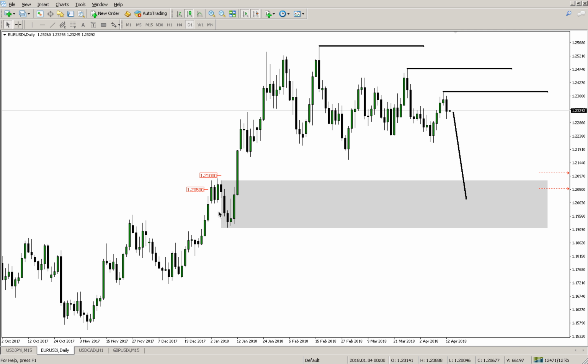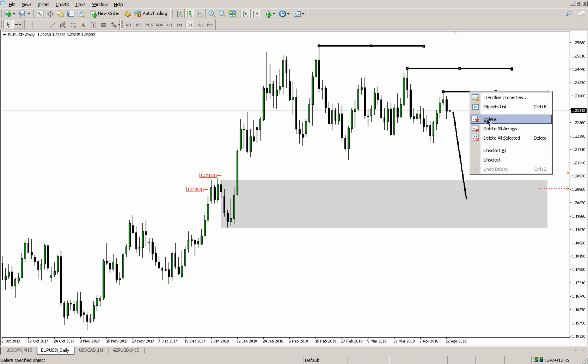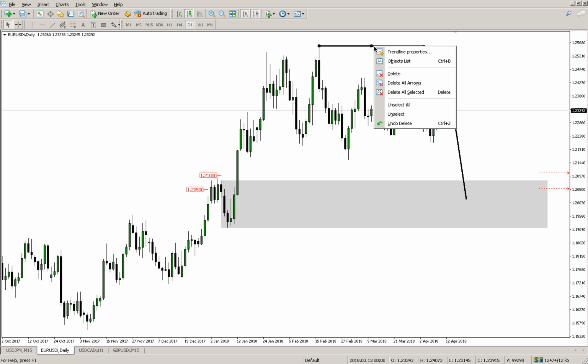Okay, so stop loss below this low, targeting each swing high that was formed on the downside as the market's pushing higher. So I hope that makes sense to you guys.